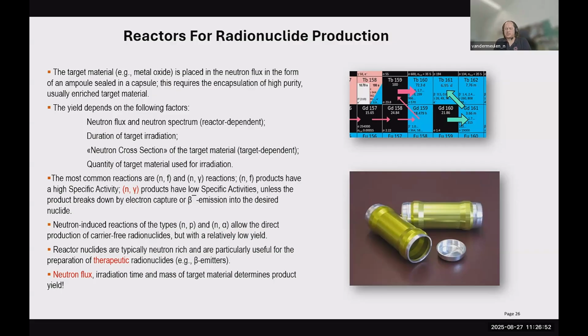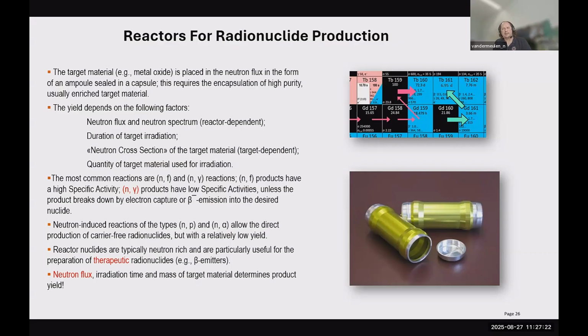The disadvantage of using this type of route is many times one produces what they call carrier added product. The difference between that and what we do now for lutetium-177 as well as for terbium-161 is the reaction that it goes to. In this case, gadolinium-160 goes through to gadolinium-161. But gadolinium-161 has a 3.6 minute half-life, and then it decays through to terbium-161, which has a 6.9 day half-life.